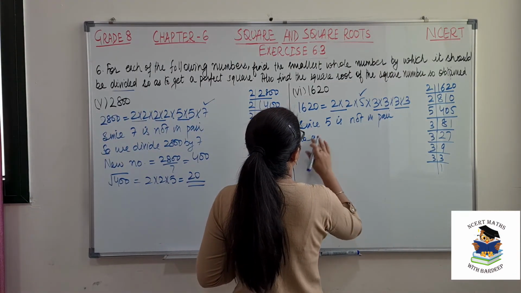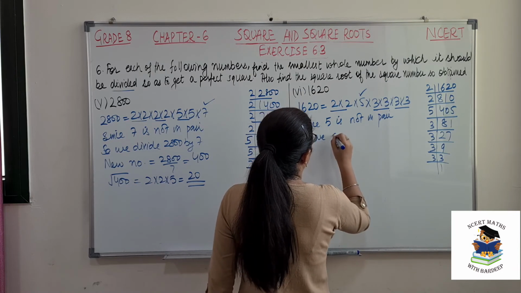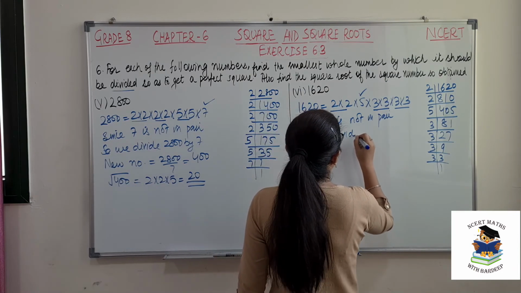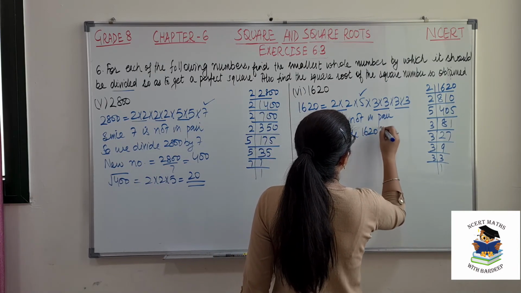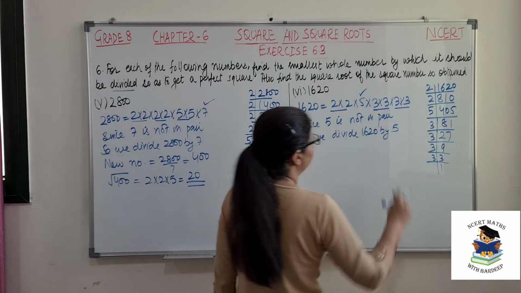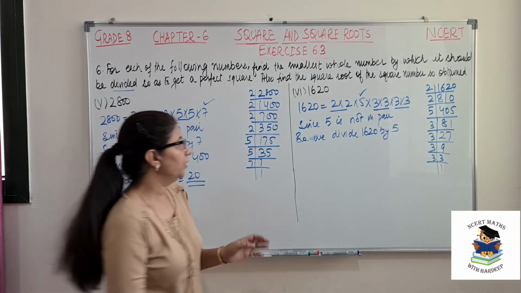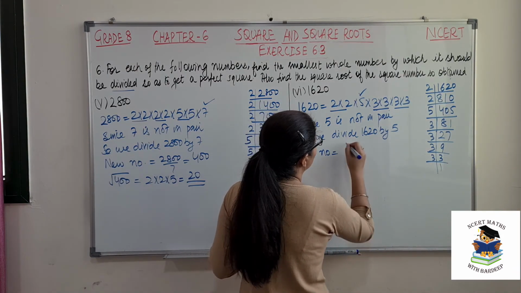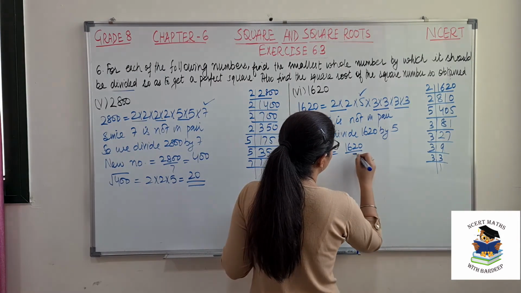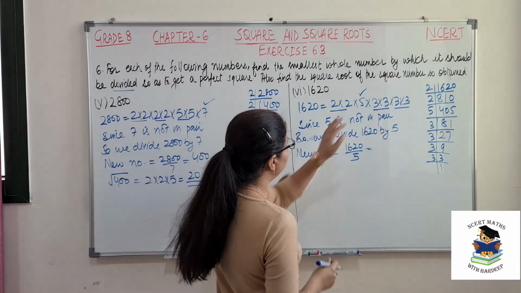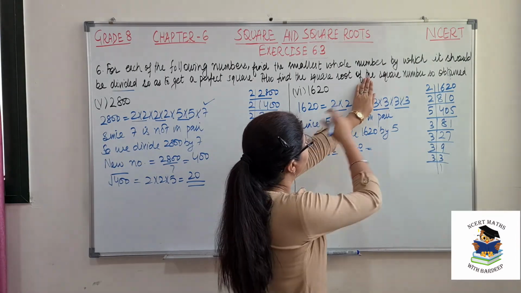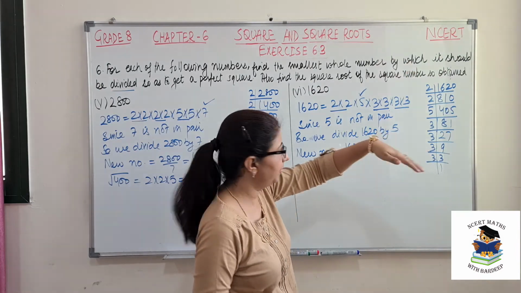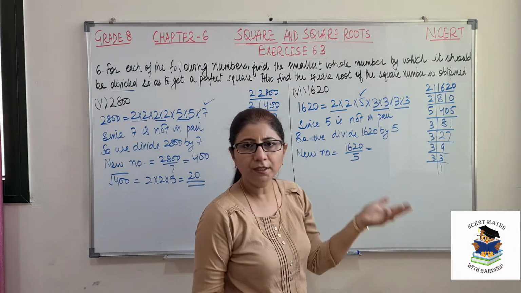So we divide 1620 by 5. Right? Then what is the new number? The new number is 1620 by 5. Again we will not use this, and we can multiply all these numbers or we can directly divide them.